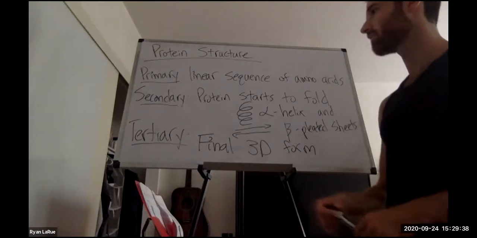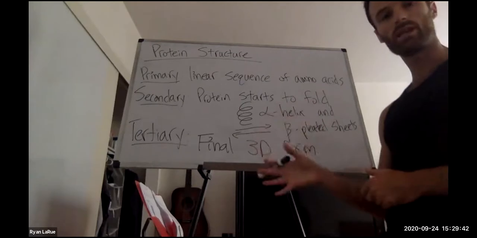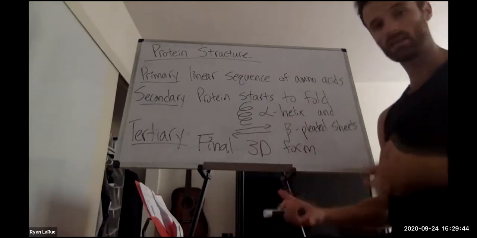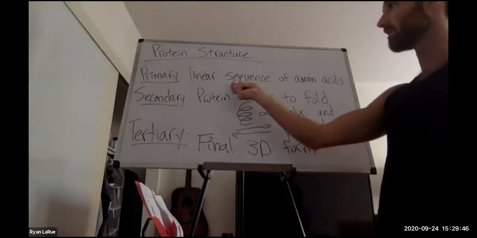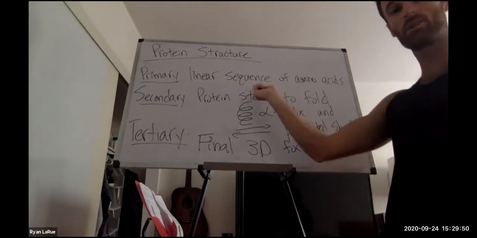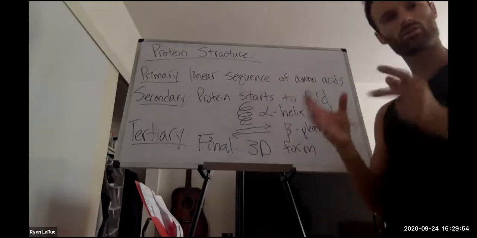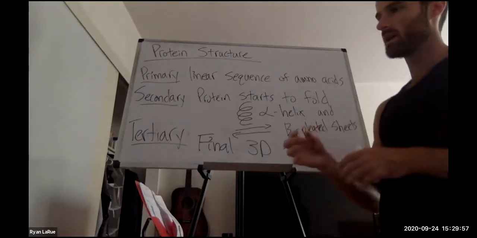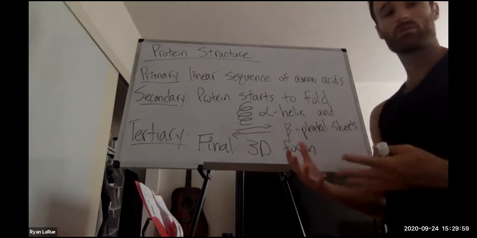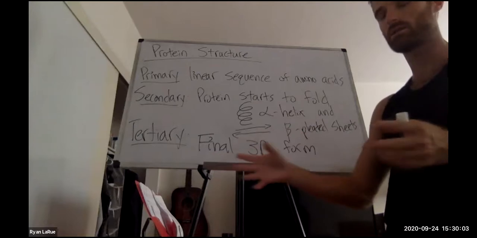So if there's that many, the difference between all of these different proteins is that the sequence of amino acids in their primary structure is different. So remember, 20 different amino acids, and you can make proteins from up to 100 or a few hundred amino acids to a few thousand.